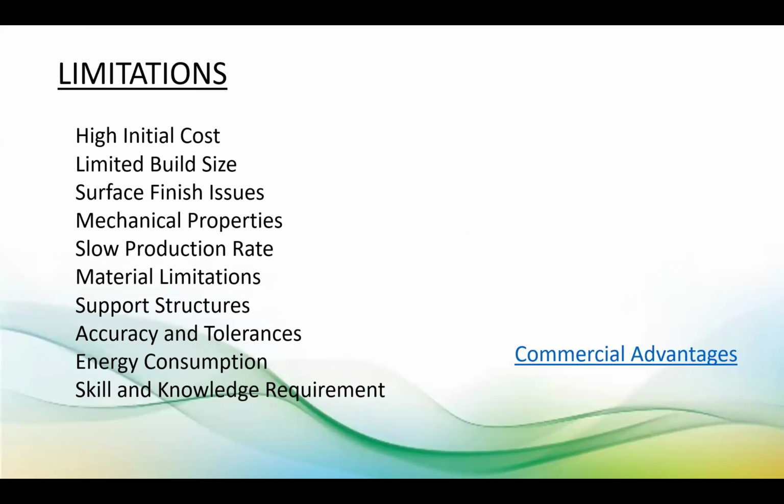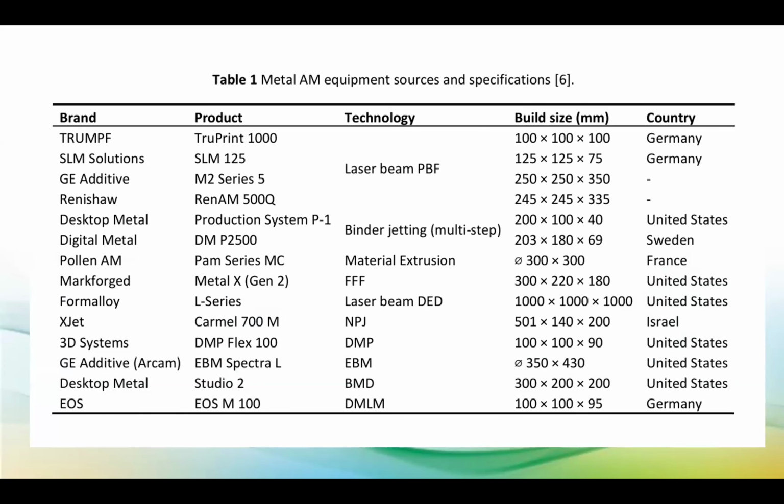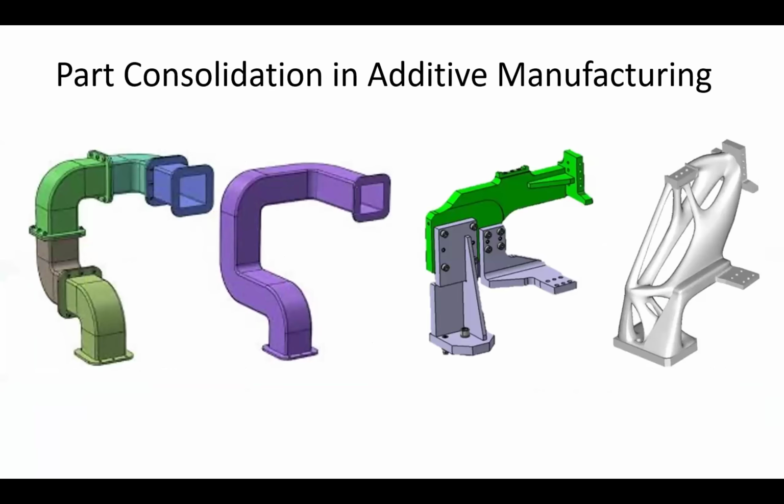So the second limitation, we can say we are overcoming. And the most interesting thing about additive manufacturing is part consolidation. That's why the number of additive manufactured components is increasing day by day.